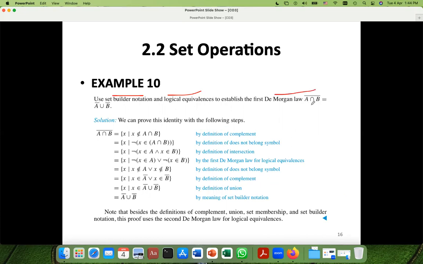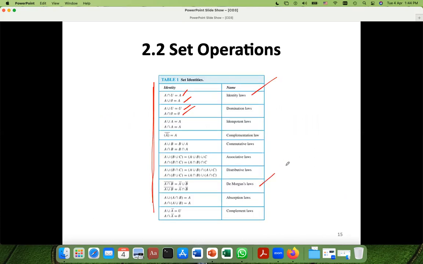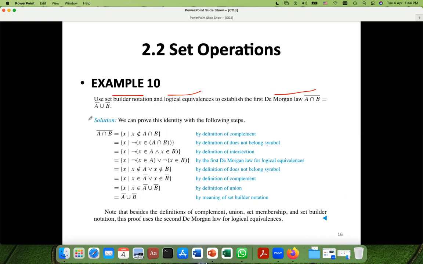The first De Morgan law is written here: the complement of A intersection B is equal to A complement union B complement. So this question is saying to prove that this left hand side is equal to the right hand side using set builder notation and logical equivalences.